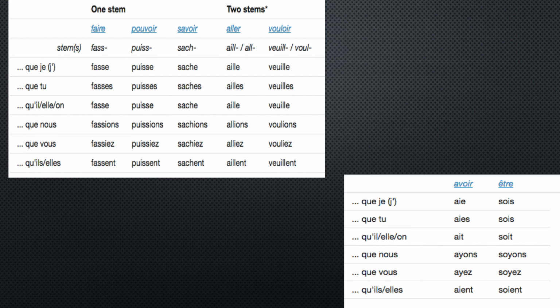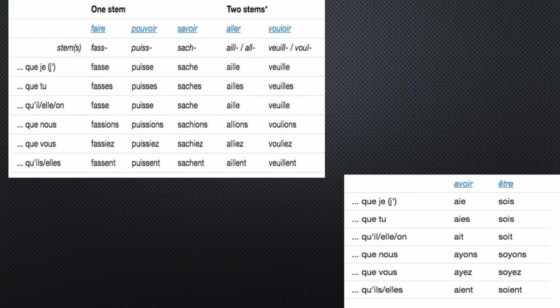Moving on to être. I'm sure you've seen these before, the sois, soyons, soyez, soient. Again, just like avoir, the être forms for the je, tu, il, and ils, elles plural have the same stem, and the nous and vous have the same stem, except the endings are different from the normal one.